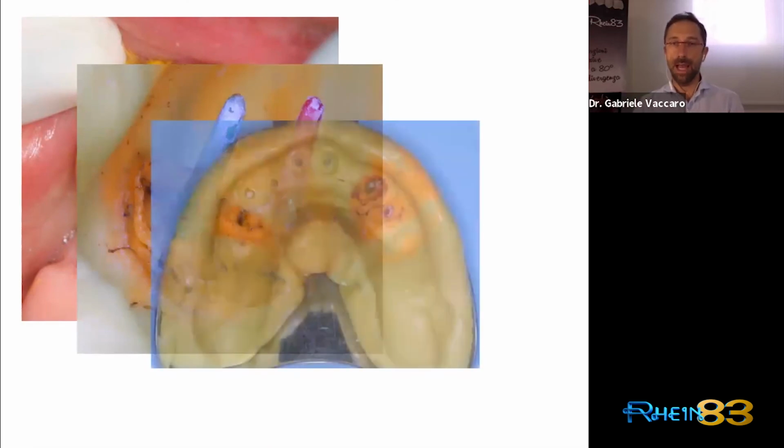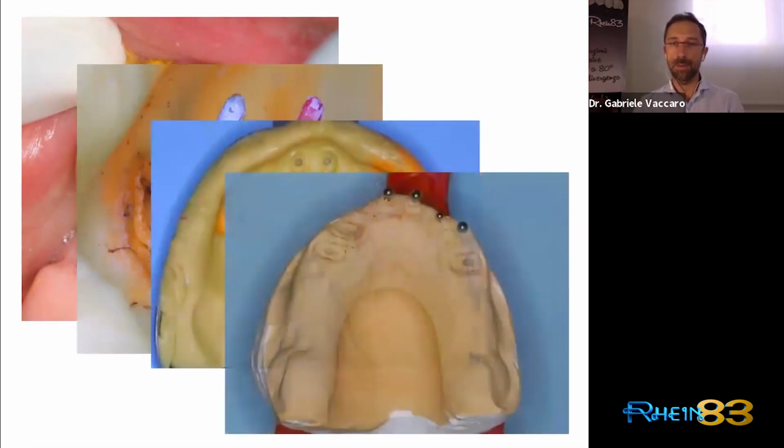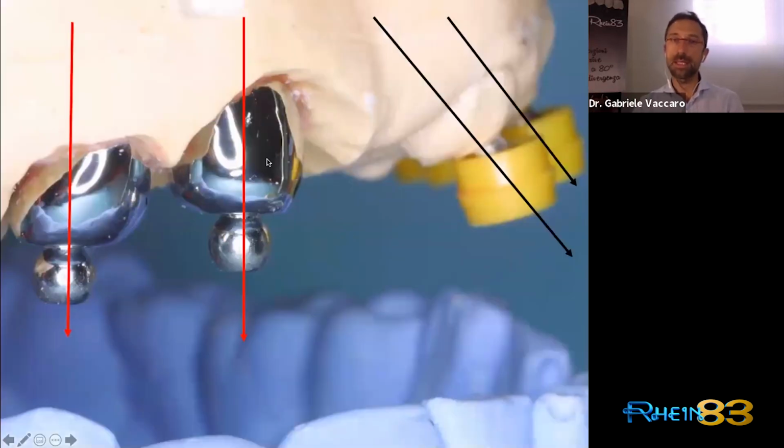After that, in the lab, they developed this cast. In the lab, they produced this Richmond-like crown with customized spheral retention.